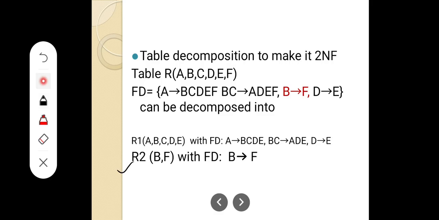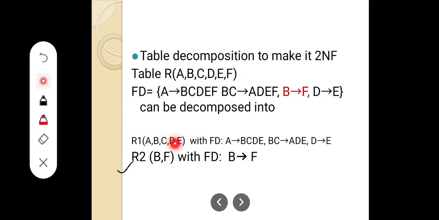Now the remaining one. What are the remaining attributes? A determines B, C, D, E, F. B determines F, which has been moved to the other table. B, C determines A, D, E, and D determines E. So we don't have F anymore in the functional dependencies or in the attributes of the table.